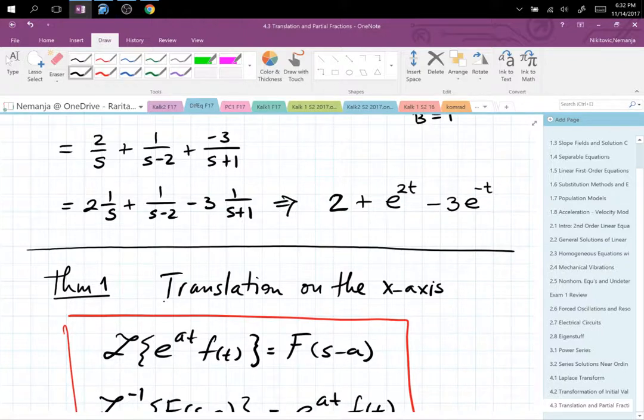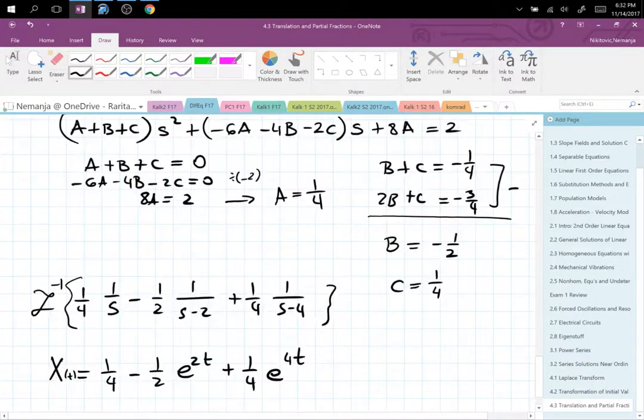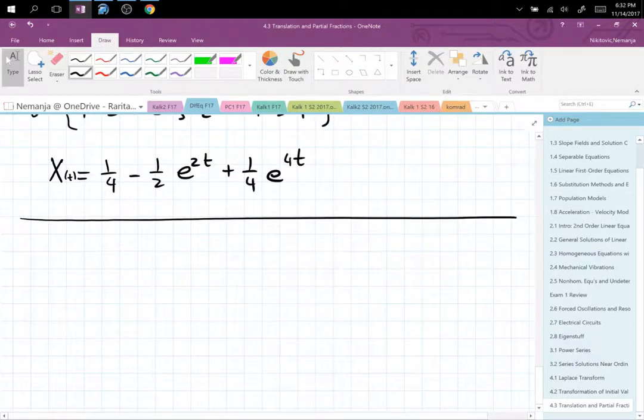All right, and let's do one spicier example. Ready?